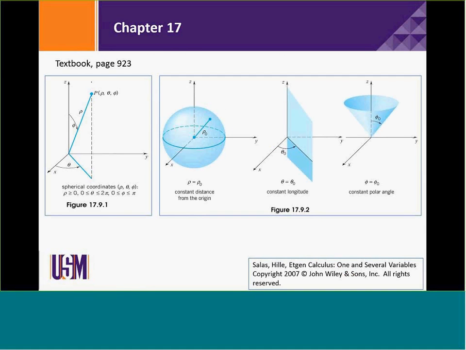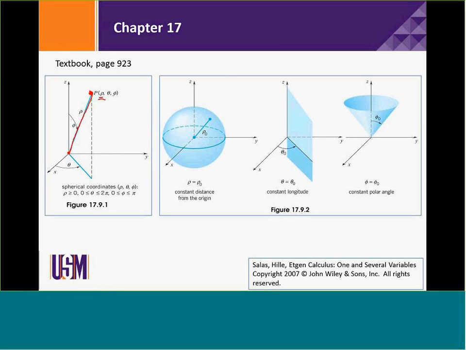The same point in x, y, and z, when we represent it using spherical coordinates, rho represents the distance from the origin. This is the rho. When you project to the xy plane, theta represents the angle from the x-axis.